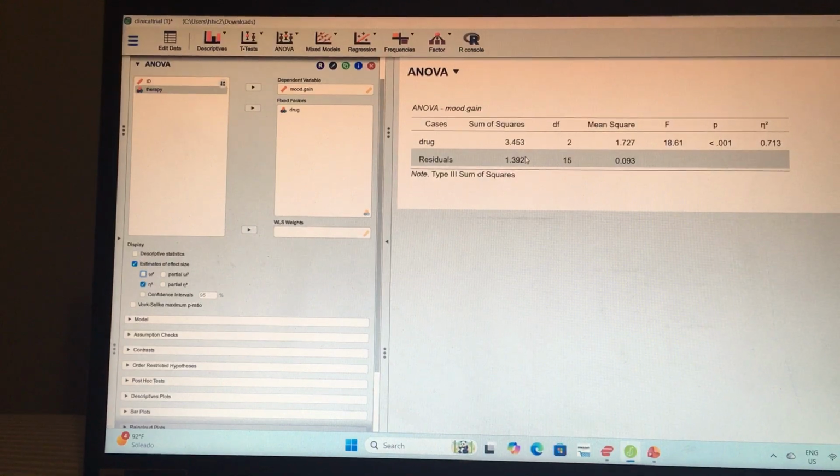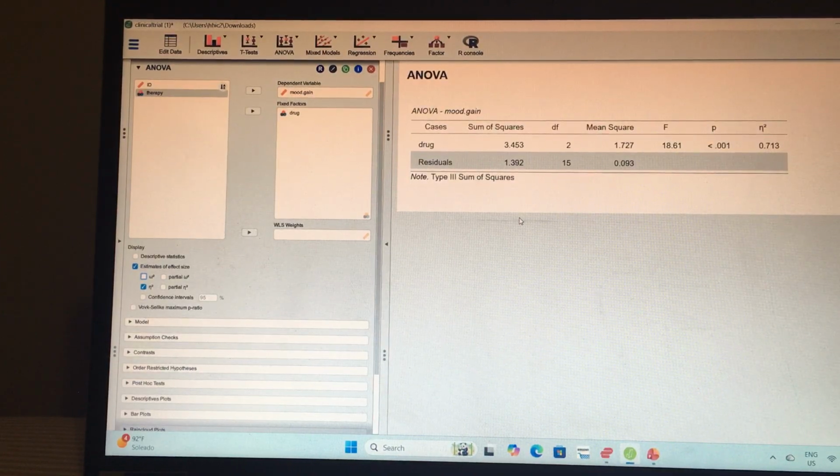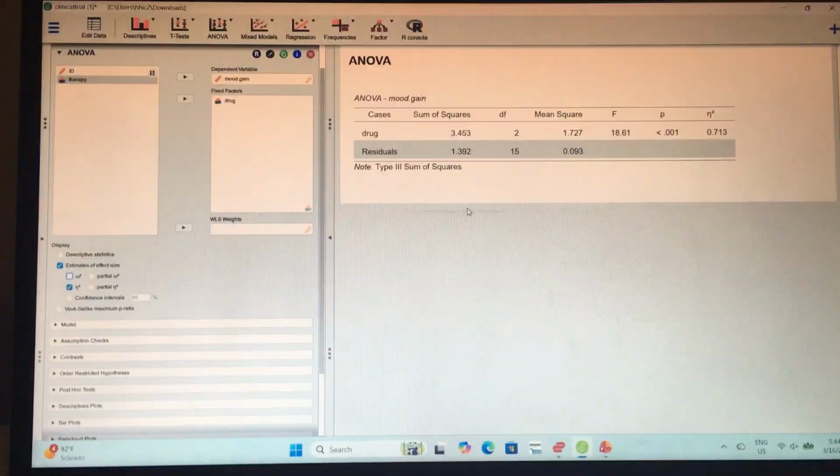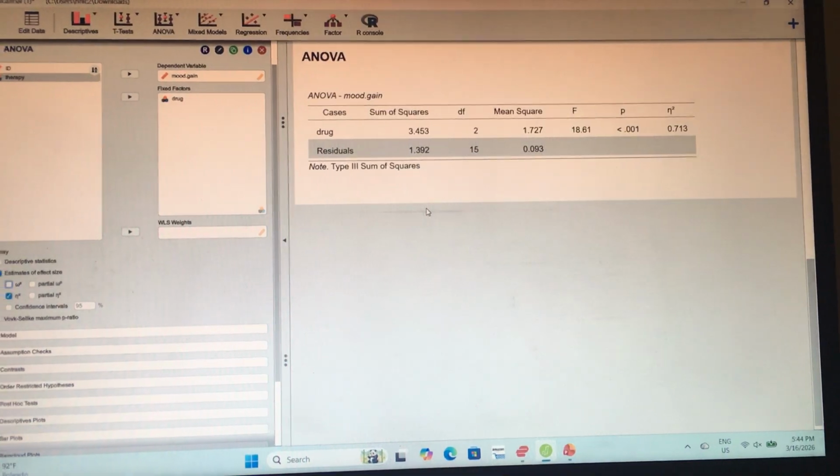We have our residuals of 1.392, 2 and 15 degrees of freedom, mean square 1.727, 0.093, F is 18.61, and the p is less than 0.001, and the eta squared is 0.713. Looks good.